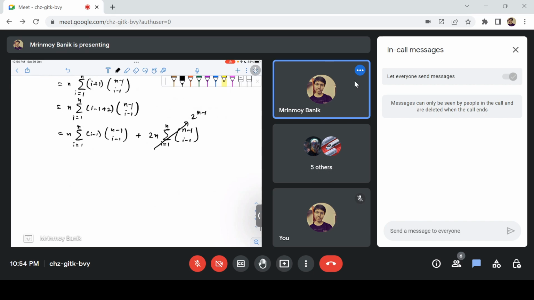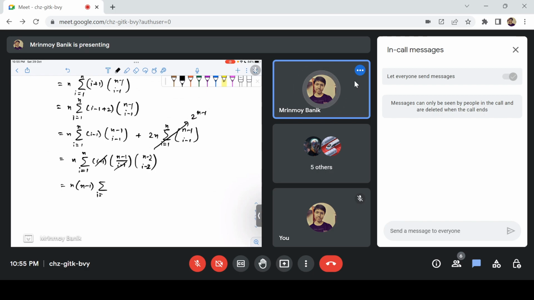Right. And now in this first part, we can use the second backward reduction. So again, n minus 1 is a constant.